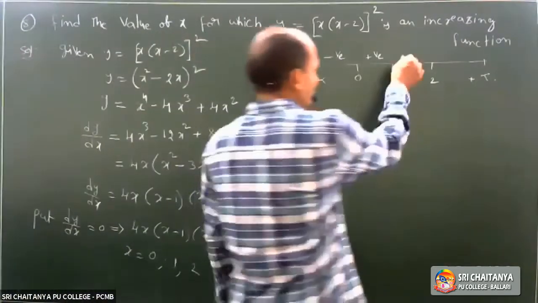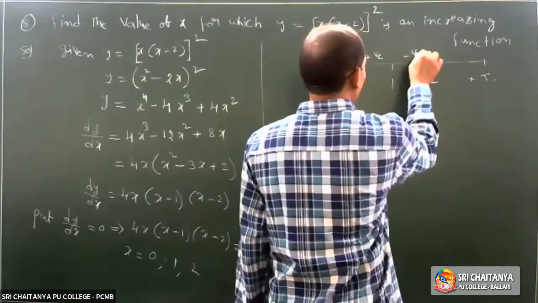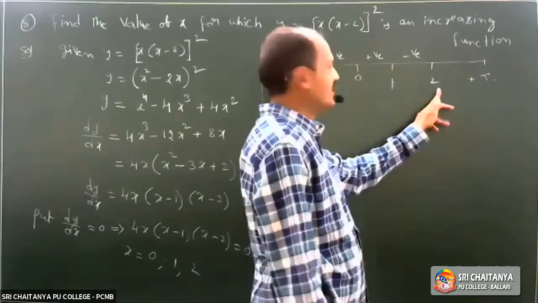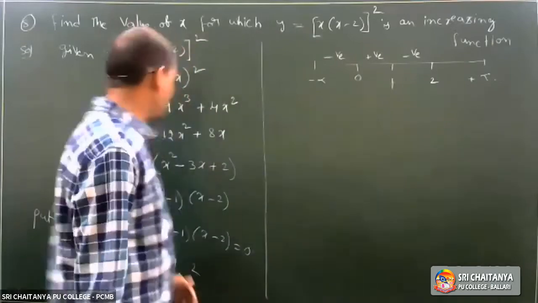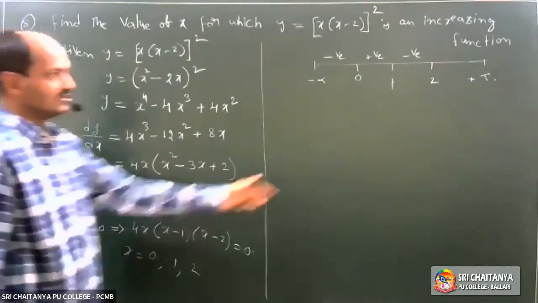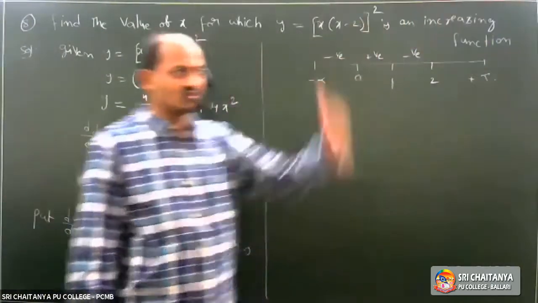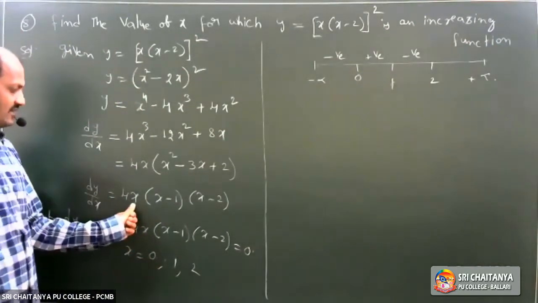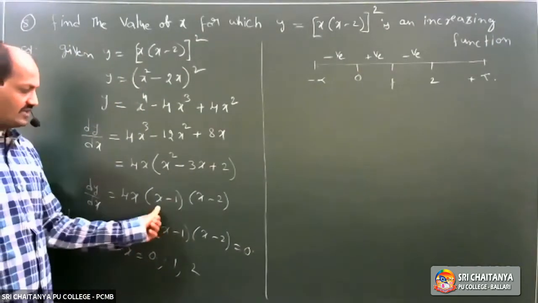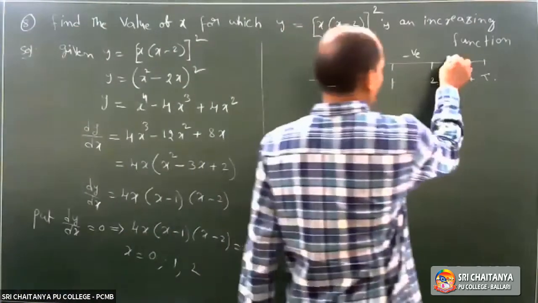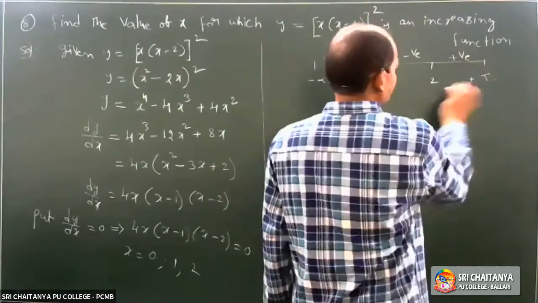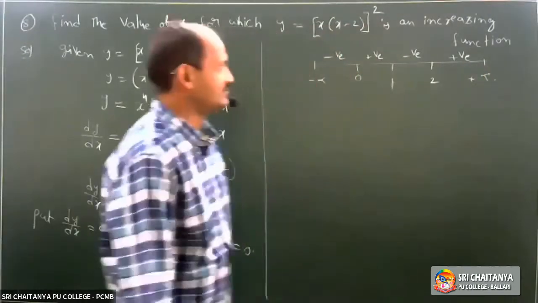So we get a negative between 1 and 2. Next, 2 to infinity: take 3, 4, 5 and so on. For x equal to 3, it is positive, 3 minus 1 is positive, and 3 minus 2 is also positive. So between 2 and infinity, it is positive.